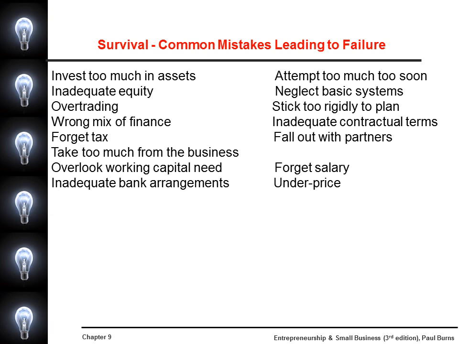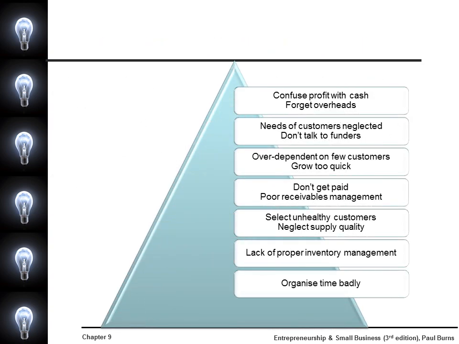So it will be: invest too much in assets, inadequate equity, overtrading, wrong mix of finance, forget tax, take too much from the business, overlook working capital need, inadequate bank arrangements, attempt too much too soon, neglect basic systems, stick too rigidly to plan, inadequate contractual terms, fall out with partners, forget salary, underprice, and confuse profit with cash, forget overheads, needs of customers neglected, don't talk to funders, over-dependent on few customers, grow too quick, don't get paid, poor receivables management, select unhealthy customers, neglect supply quality, lack of proper inventory management, and organize time badly.